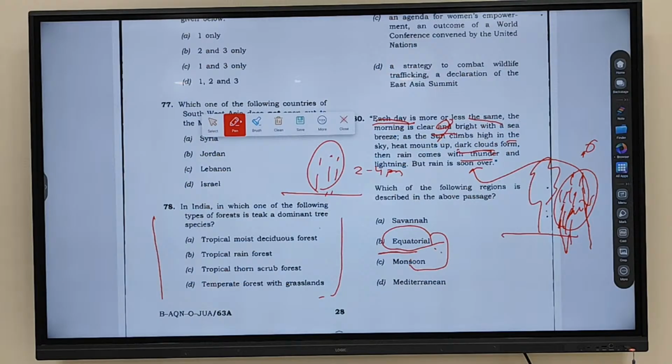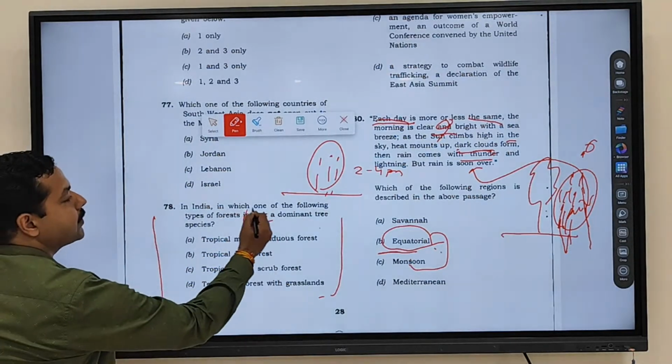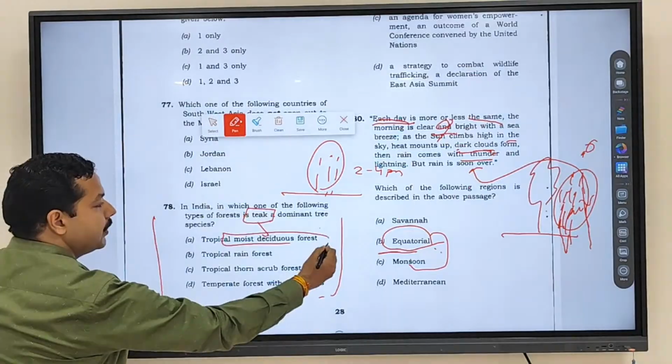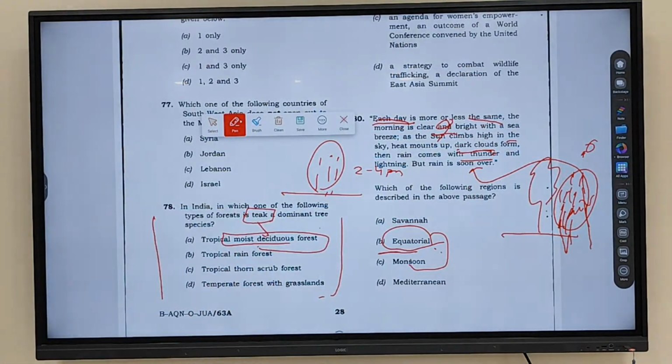Just now we discussed that teak is dominant in which type? Deciduous forest. In case of evergreen, which type of trees are you finding? Mahogany, ebony. In case of monsoon, we have written deciduous forest, with teak, sal, acacia, those types of trees.